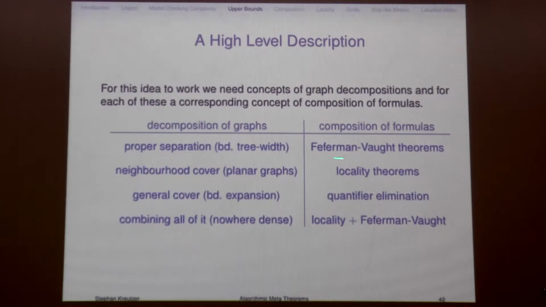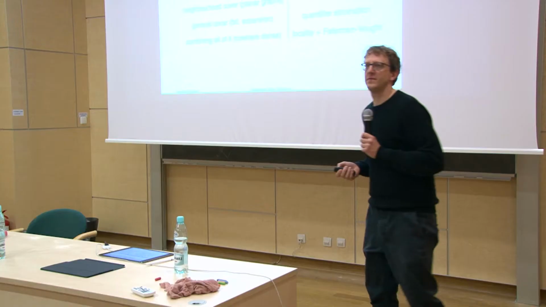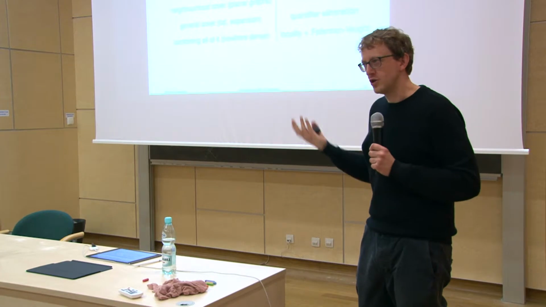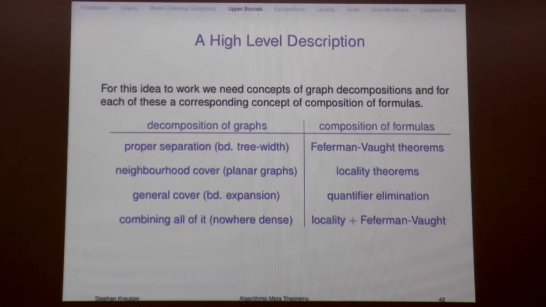And in cases where this doesn't work, there is another theorem you'll see later on, Gaifman's theorem. It's a locality theorem telling you first-order logic can't say anything global about your graph. And if you want to use this theorem in logic, you need the corresponding structural property in graphs.